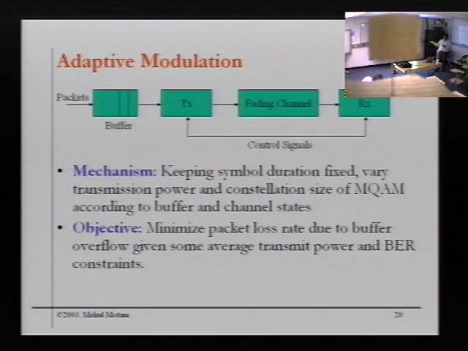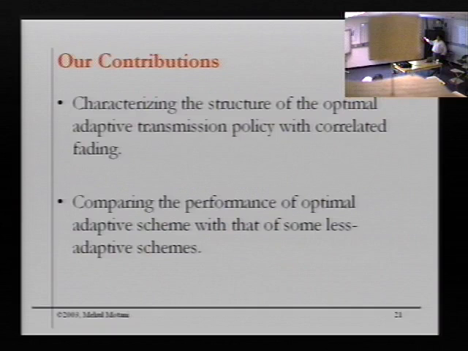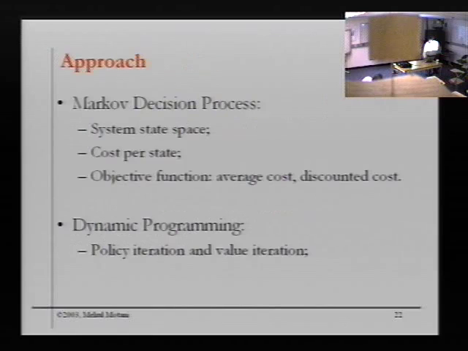You could use Shannon capacity, or pick any other modulation scheme, but as long as this power function is inversely proportional to the channel gain, these results hold. Our simulations are for MQAM. So we characterize the structure of this optimal policy with correlated fading, and then we compare the performance of this adaptive scheme with some other less adaptive schemes, namely waterfilling.